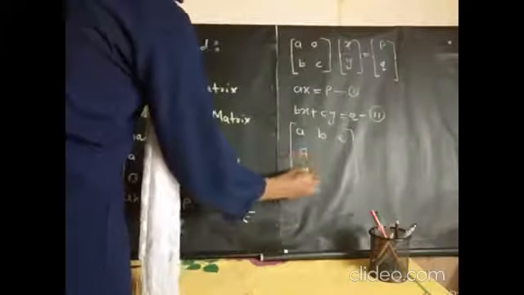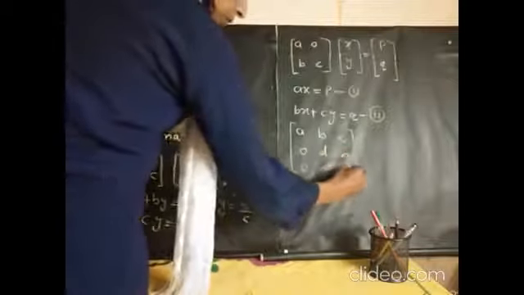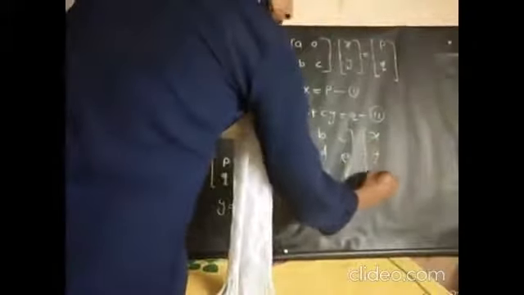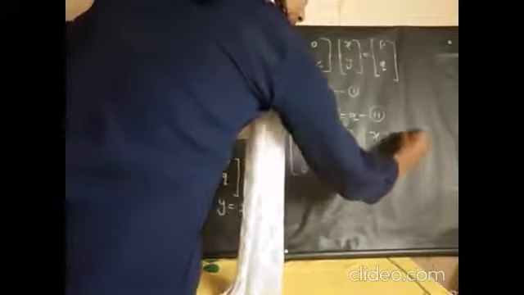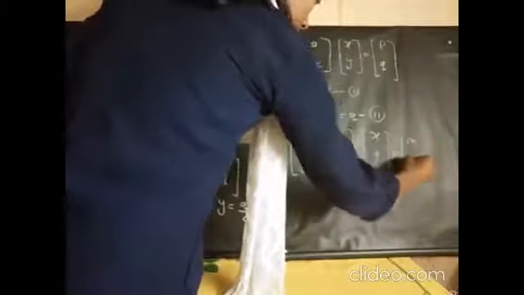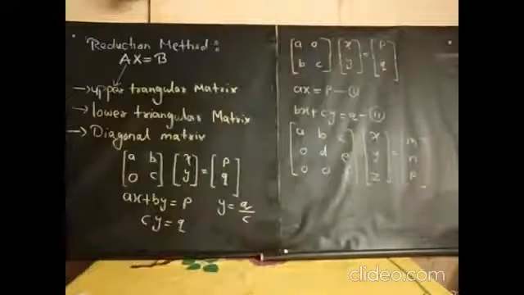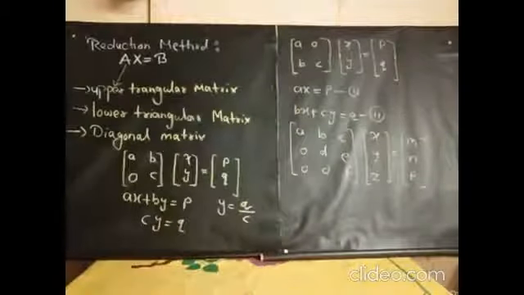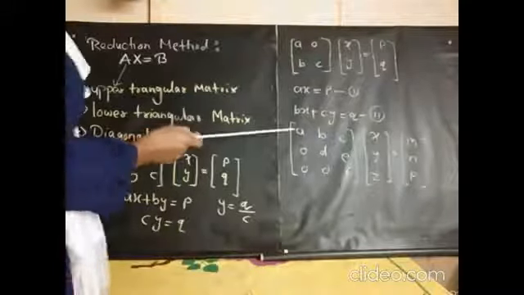Here suppose it is D, E, 0, F. And definitely it is X, Y, Z. And suppose I am taking here M, N and P. Just try to find which value you will get first, X, Y or Z. It's very much clear, children.